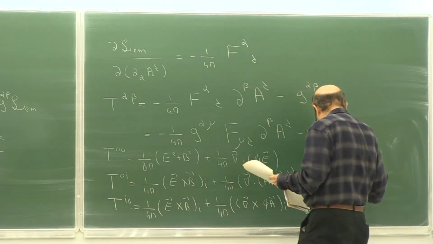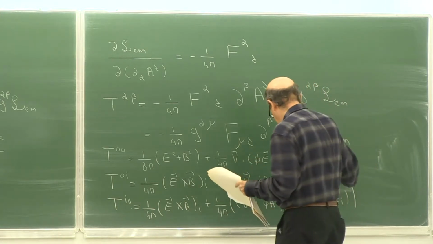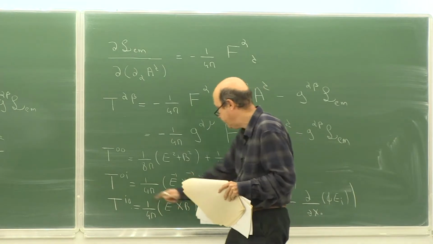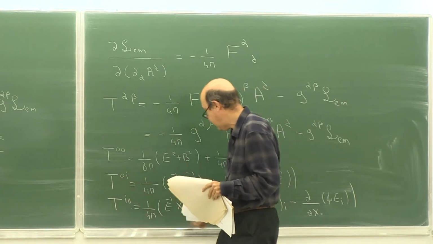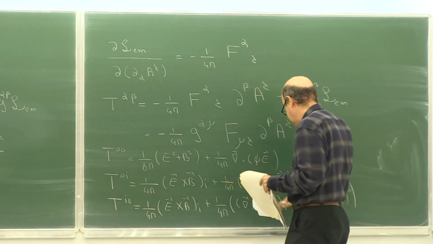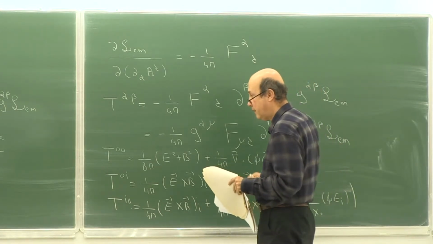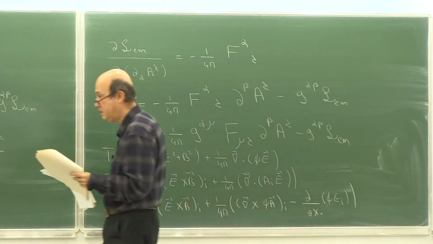As you see, it contains lots of things here. So it is not a symmetric tensor: T0i is not equal to Ti0. It depends on the scalar and vector potentials, therefore they are gauge dependent.